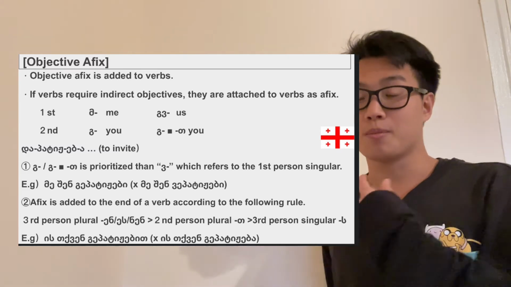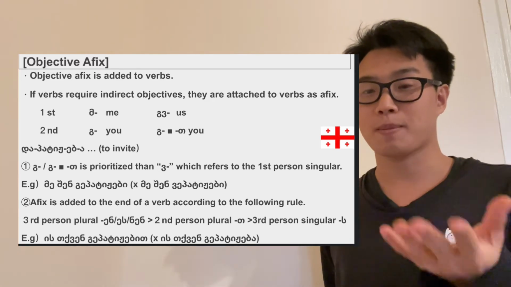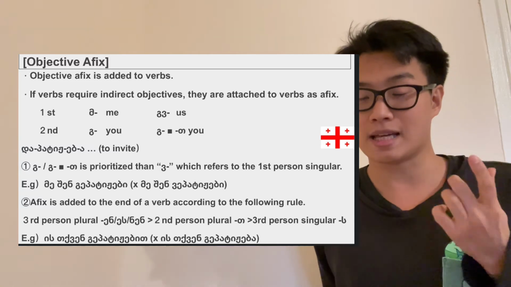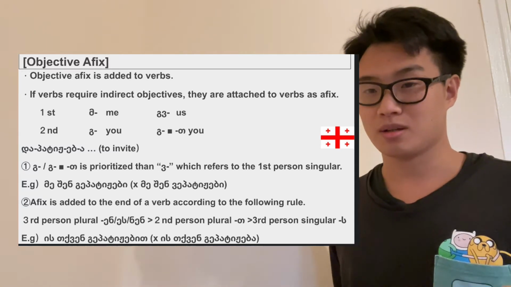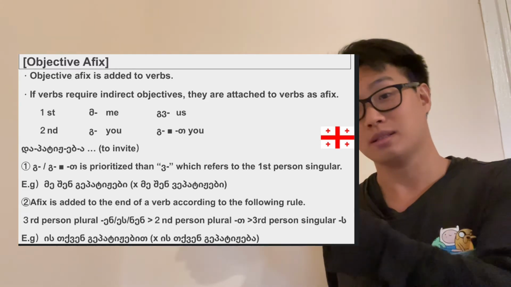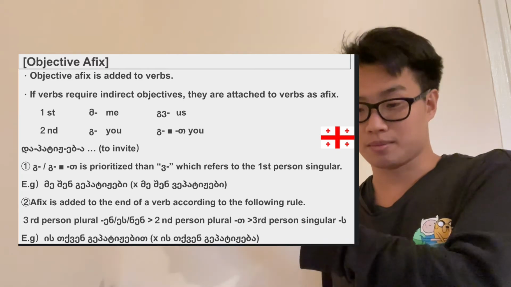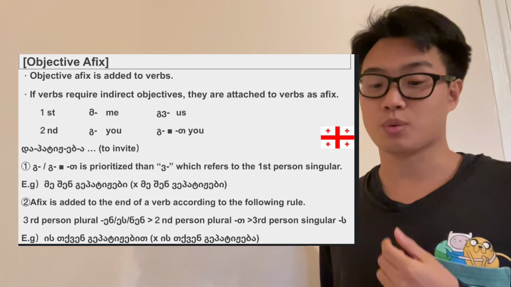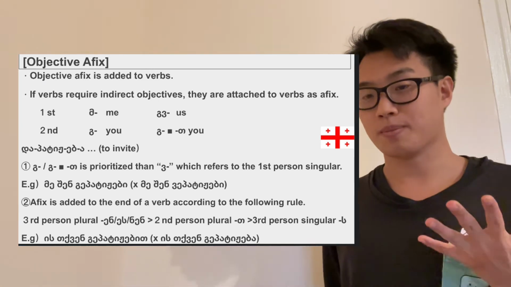So for example, me shen ge patyževi. I invite you. This is grammatically correct. And we cannot say, for example, me shen ve patyževi, because g or gt are prioritized over v. That's why the correct form will be me shen ge patyževi.